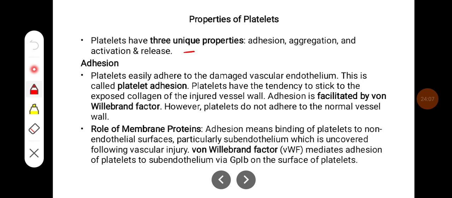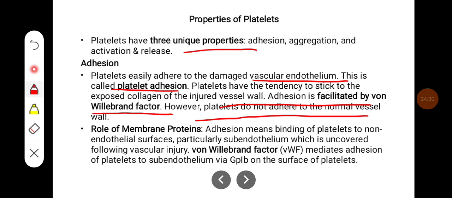Platelets have three unique properties: adhesion, aggregation, and activation and release. Platelets easily adhere to the damaged vascular endothelium, so this is called platelet adhesion. Platelets have a tendency to stick to the exposed collagen of the injured vessel wall. The adhesion is facilitated by von Willebrand factor. However, platelets do not adhere to the normal vessel wall.